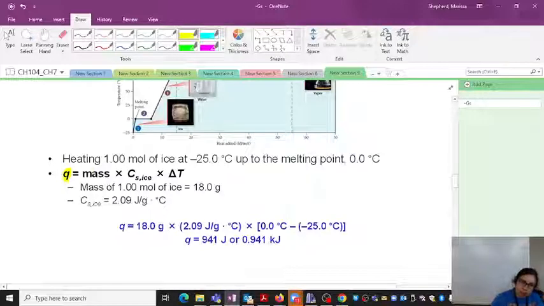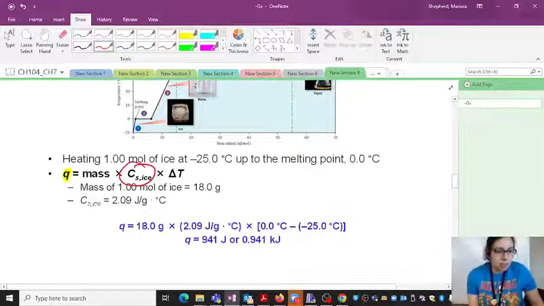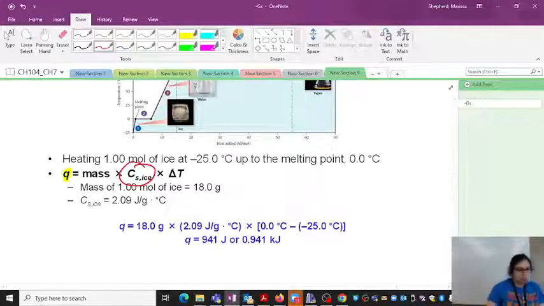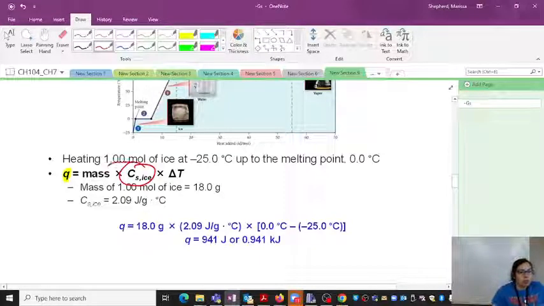So the heat needed is equal to mass times the specific heat of ice times the change in temperature. They have all the numbers here, but let's go through them. The other tricky thing is looking up the specific heat and making sure it matches whatever units we're in. In this case, we're given a mole, but our specific heat of ice is given in joules per gram degrees Celsius.